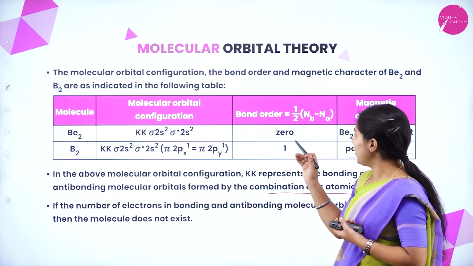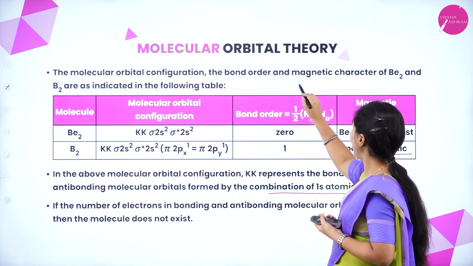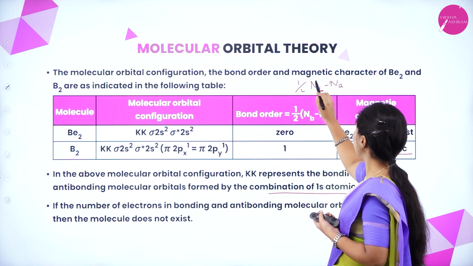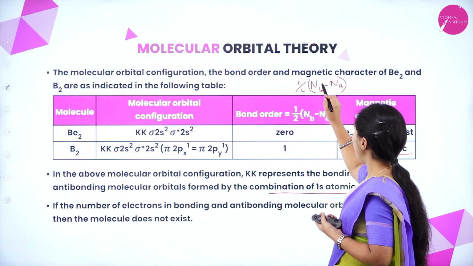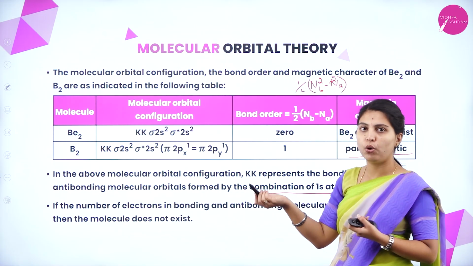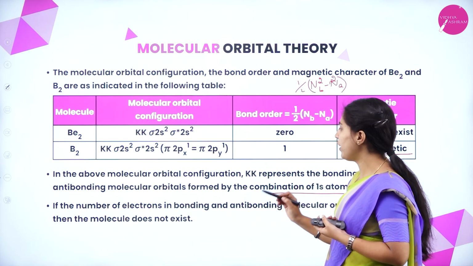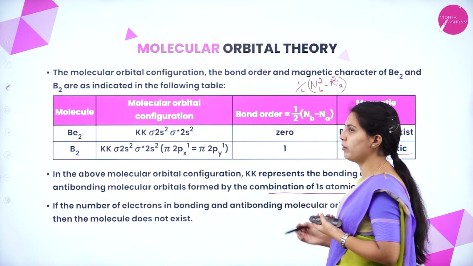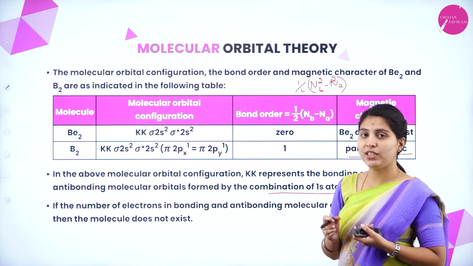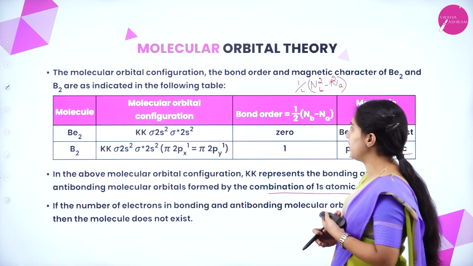Because we are subtracting by this formula, half into Nb minus Na, correct? If bonding is 2 and anti-bonding is 2, what will happen? It will become 0. That's what they are telling. Then the molecule does not exist because the bond order is not present.